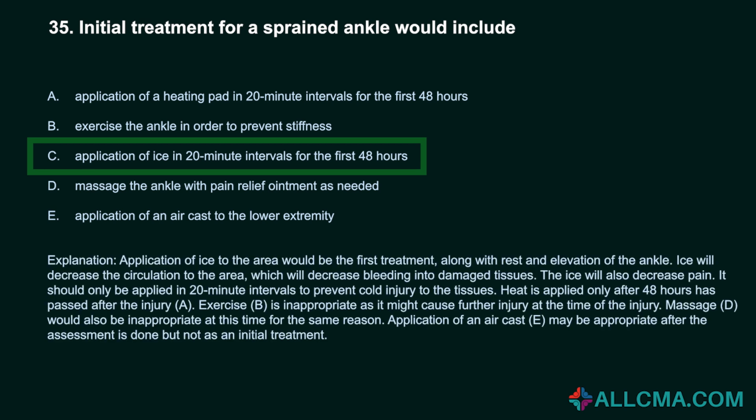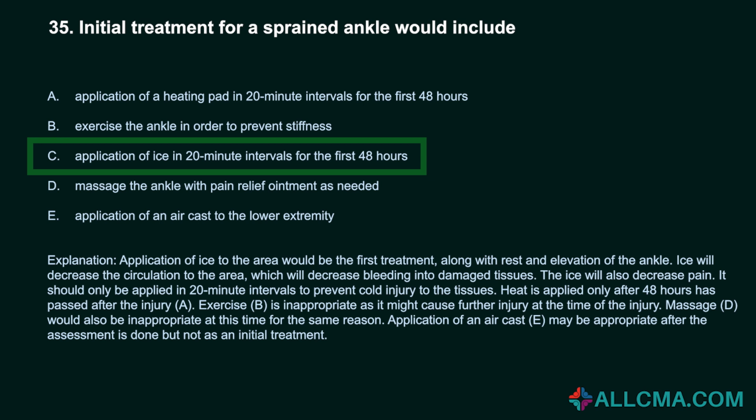Application of ice to the area would be the first treatment, along with rest and elevation of the ankle. Ice will decrease the circulation to the area, which will decrease bleeding into damaged tissues. The ice will also decrease pain. It should only be applied in 20-minute intervals to prevent cold injury to the tissues. Heat is applied only after 48 hours has passed after the injury.